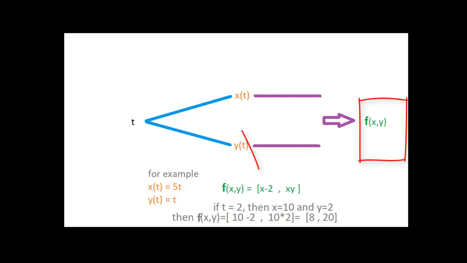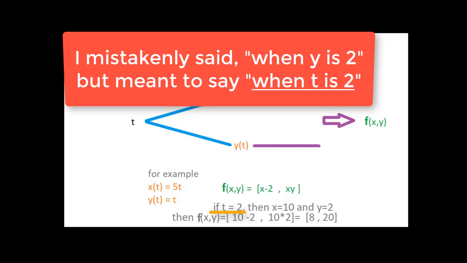We notice that f here is bold, meaning that we're getting a vector as our output. We calculate it from the x and the y after we've calculated what x and y are from the t value. So we calculate what x and y were, then we put those in here and here, and we get 8, 20 out. So we see that when t is 2, we get out this vector 8, 20.